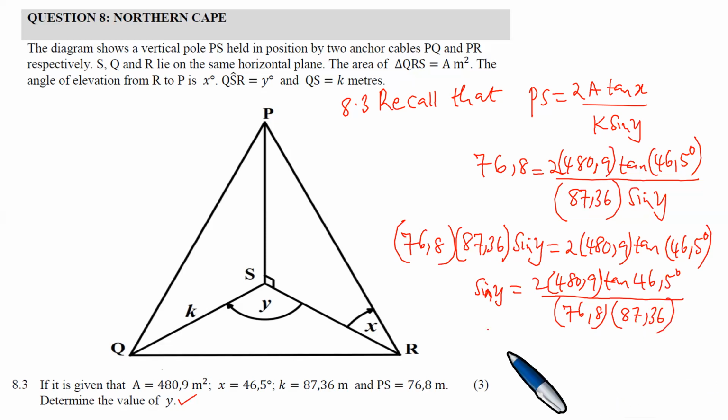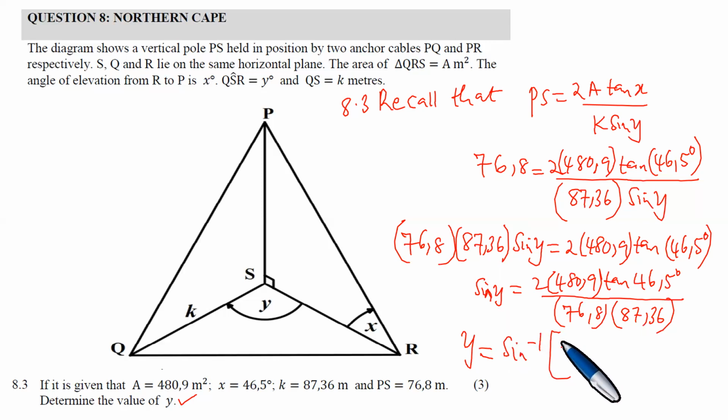We want to get the numerical value of the angle y. So now we move the sine to the other side. If you move the trigonometric sine to the other side, we apply the inverse function, and it means we have the arc sine, which is the inverse sine function.